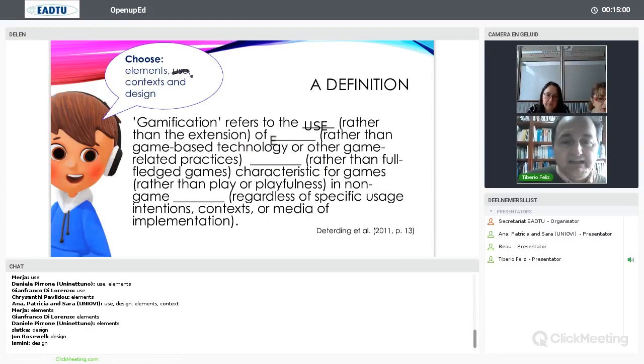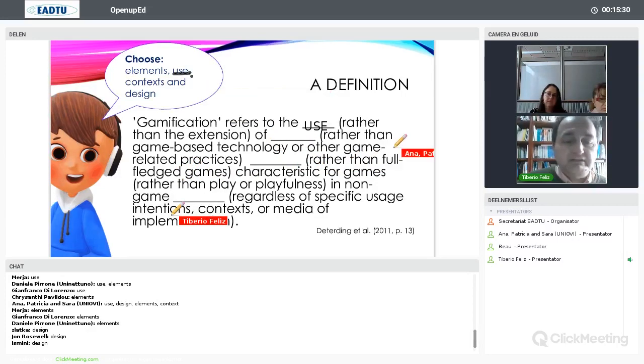You'll see why it can't be, because in English the order of the words can't be "elements design." It has to be "design elements." The design rather than game-based technology, elements rather than full-fledged game.